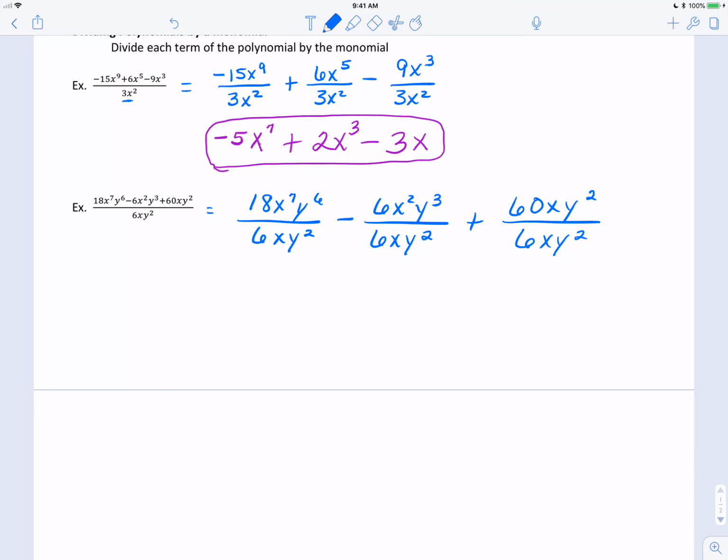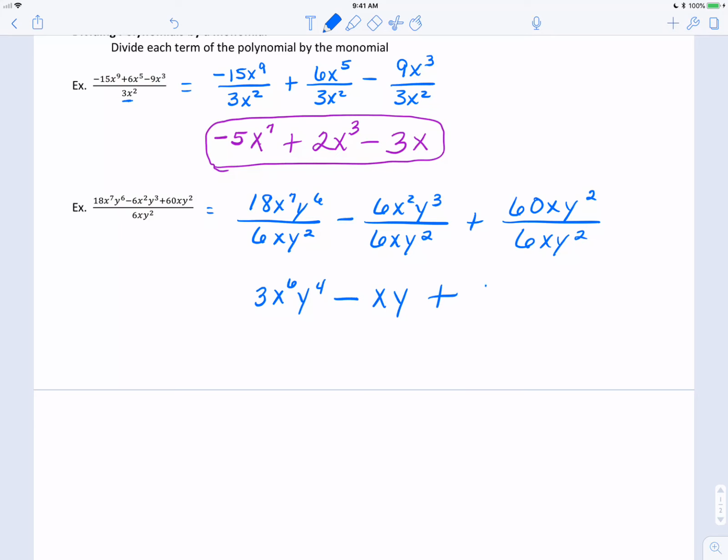So as I write it out, 18 divided by 6 is 3. X to the 7th divided by x is x to the 6th. Y 6 minus 2 is 4. Minus 6 divided by 6 is 1. So x squared divided by x leaves me with x and y. 3 minus 2 is also 1.